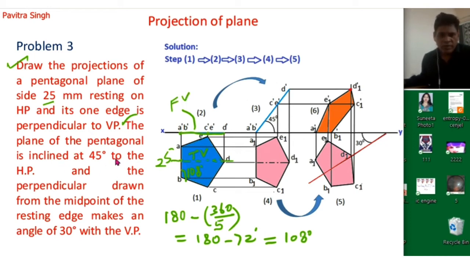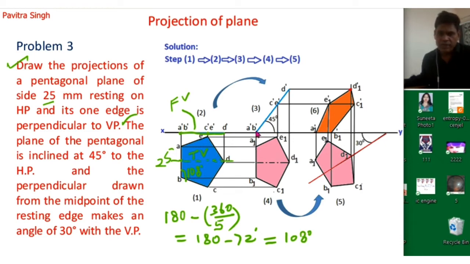Now we will follow the second condition. The plane of the pentagon is inclined at 45 degrees to the horizontal plane. So now we will incline this line A dash to D dash at an angle of 45 degrees. All the dimensions will be the same, only we need to tilt this line at an angle of 45 degrees.